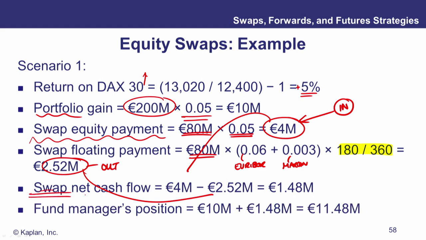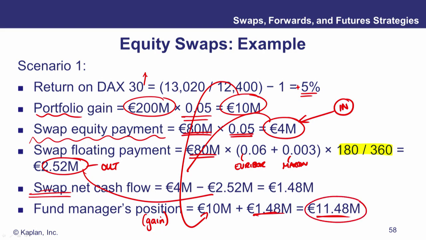You can bolt that onto the 10 million that we've made on the underlying equity position, and that gives you a net gain for the period of 11.48. Now, if we look at what that 11.48 is as a fraction of the portfolio, if we look at our percentage gain or loss, that turns out to be just over 5%, doesn't it? So 5.74%.